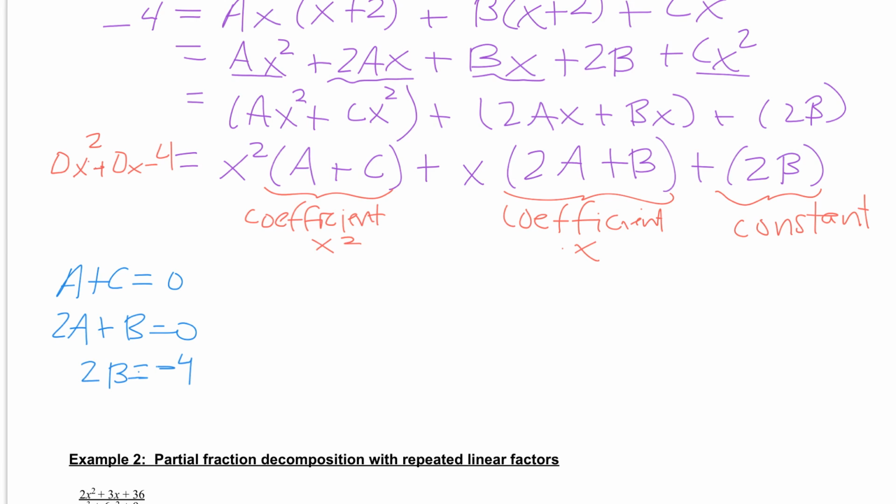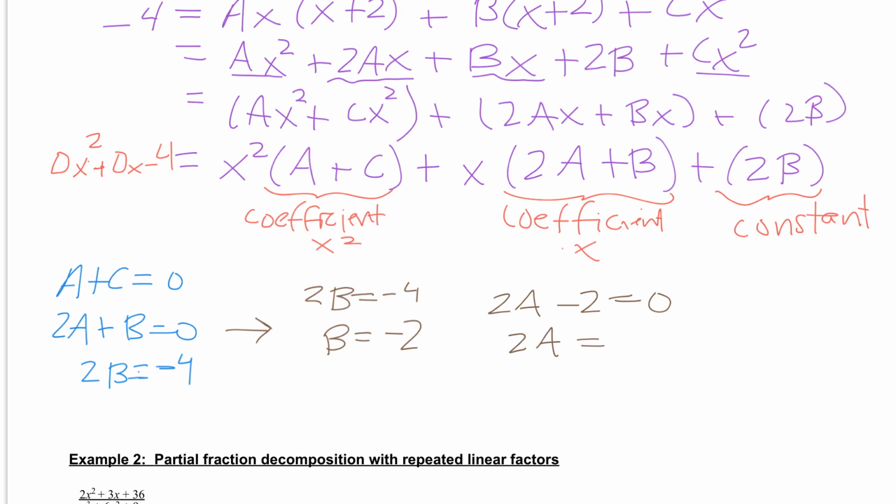Well, if we start to solve this system, using this last equation, if 2B is equal to negative 4, then we know that B is equal to negative 2. And if B is equal to negative 2, we can use this middle equation to solve for A. So 2A minus 2, we can substitute in the B value, is going to be 0.